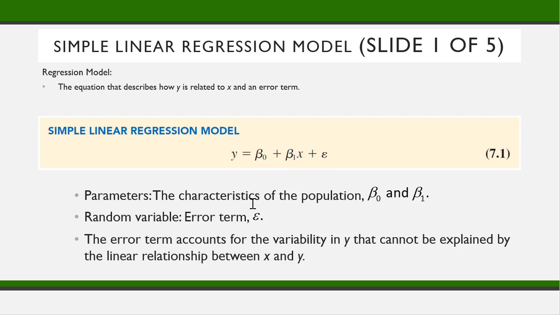The characteristics of the population are your betas, beta 0 and beta 1. Then you have a random error, or error term, at the end that makes up the differences for what's not being explained by this part of the equation.